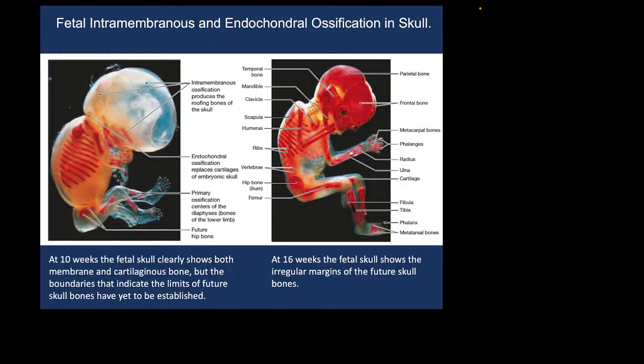Like you see the temporal bone, here is the parietal bone, as well as occipital bone and frontal bone, and very good, the mandible and maxilla are also very well visible here.